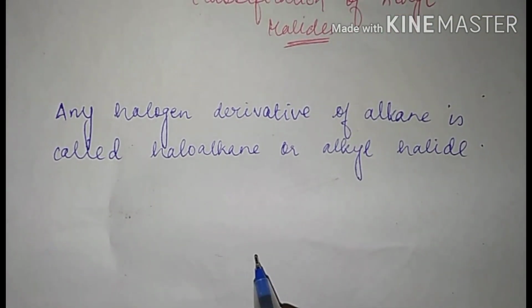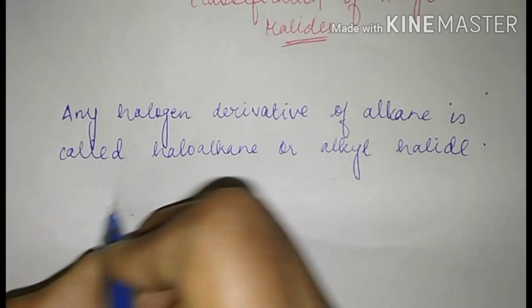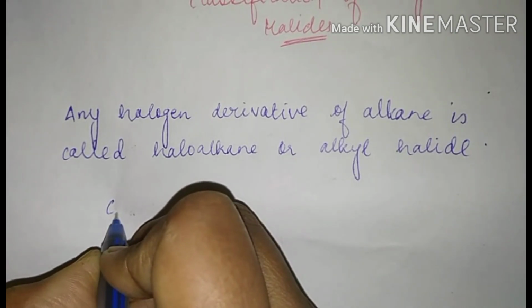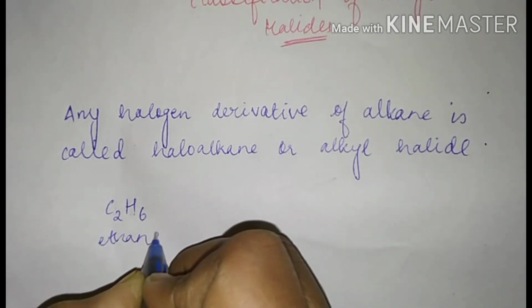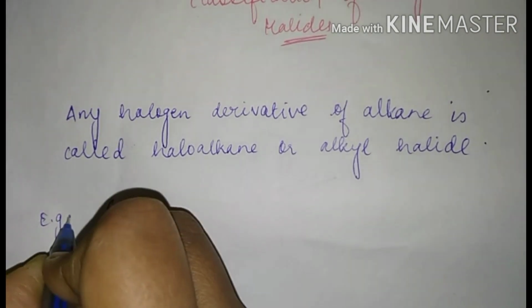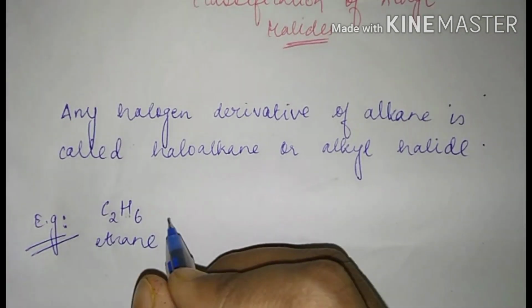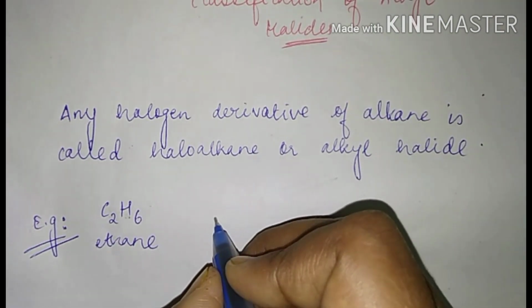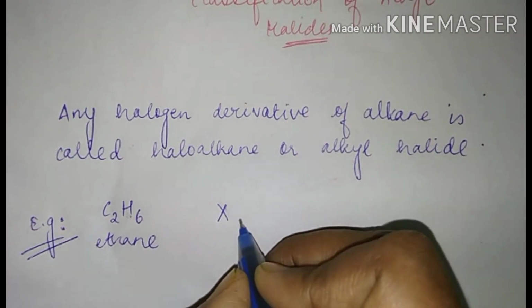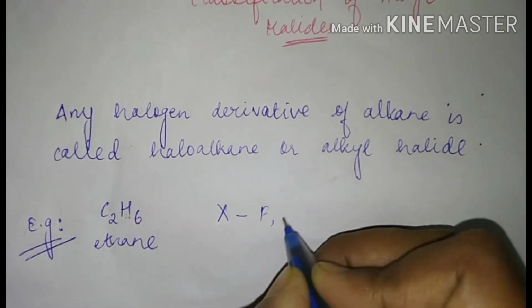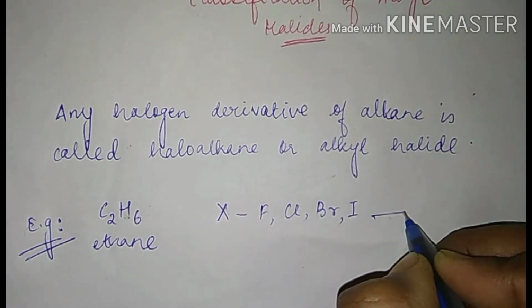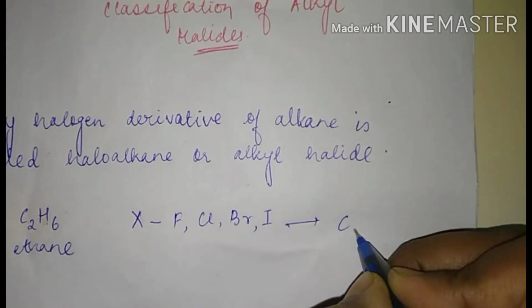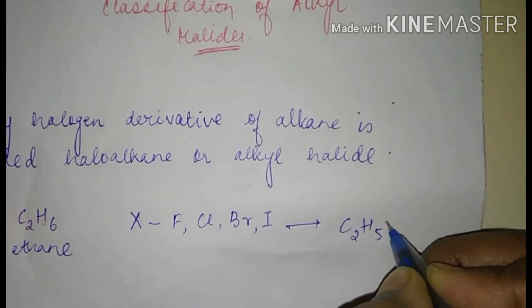Taking an example of an alkane, let it be ethane, C2H6. This is ethane. When any of the hydrogens of ethane is substituted by a halogen group, which we denote by X, let it be fluorine, chlorine, bromine, iodine, then it's converted to C2H5X.